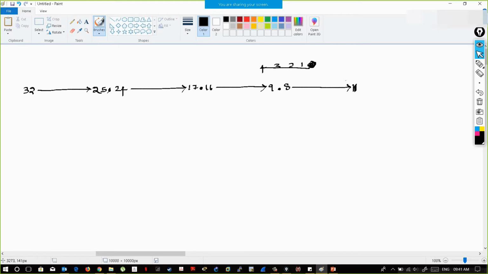From 1 to 8 bits, dot, 9 to 16 bits, dot, 17 to 24 bits, dot, 25 to 32 bits. Suppose think like this: 1, 2, 3, 4, 5, 6, 7, 8. Same here, and same here, and you have dot dot dot.